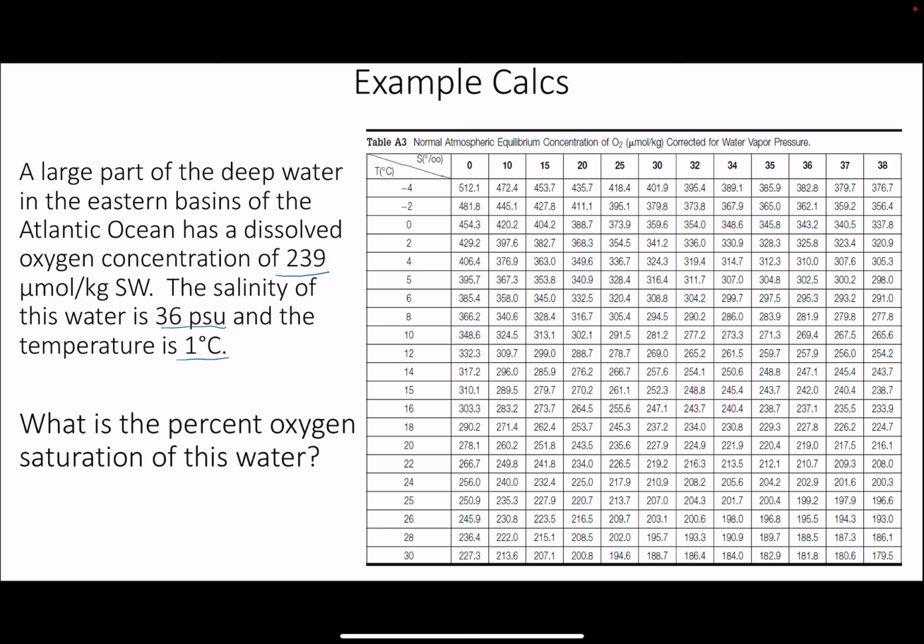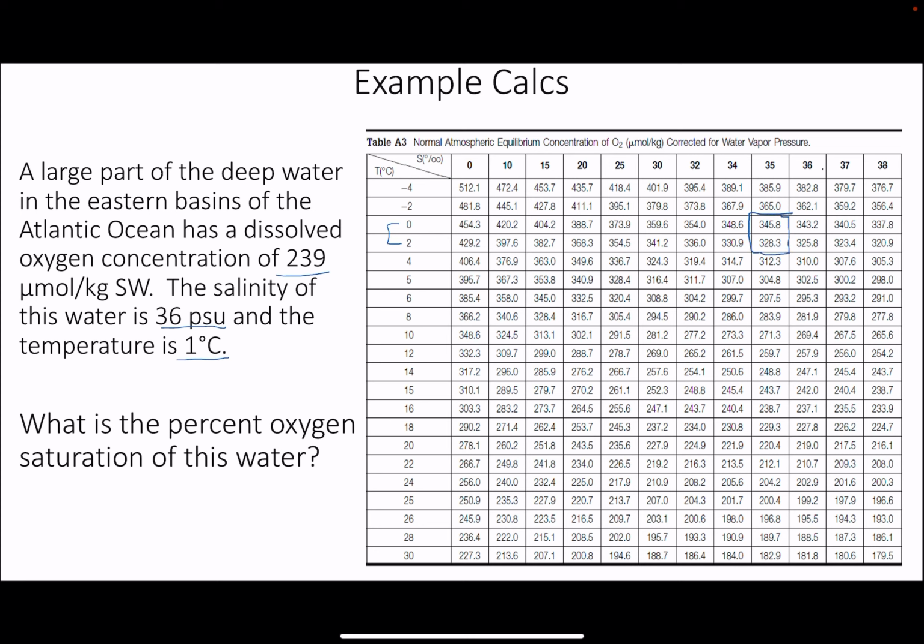So the first thing you have to do is say, all right, well, what's the equilibrium concentration? On the right-hand side, we have one of these tables that gives you the equilibrium concentration. So 1 degree C is between 0 and 2, and 36 salinity units is here. So it's going to be something between these two values.